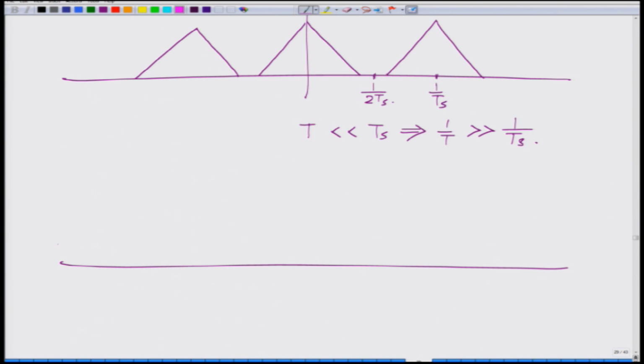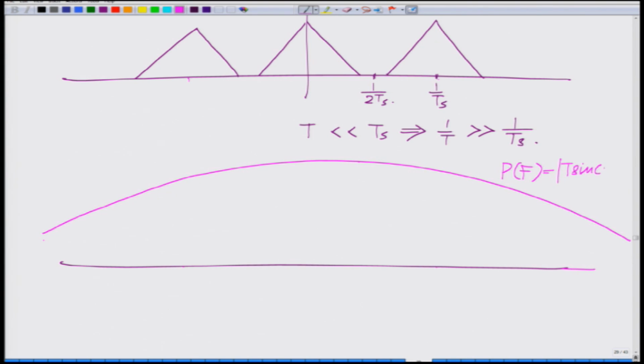So this is my minus 1 over Ts and this is my 1 over Ts. So the zeros will lie somewhere beyond, and your sinc filter will look something like this. So this is your P of f, correct, which is magnitude T sinc Ft.